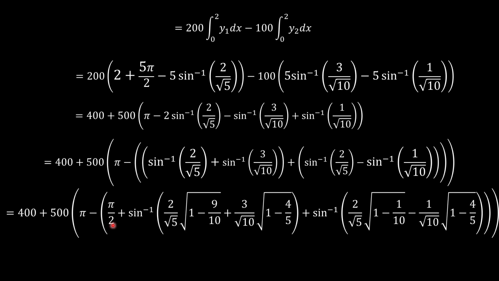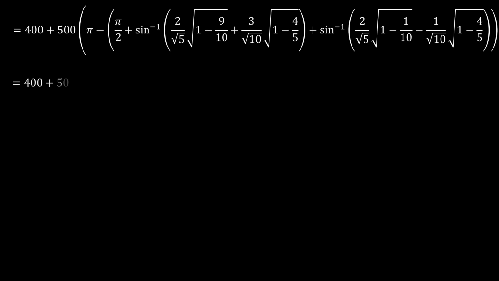And that's why now we have pi over 2 introduced here. For arcsine of 2 over root 5 and the square root of 1 minus 9 over 10, we use the formula where the sine of a sum of two numbers is the sine of the first times the cosine of the second plus the cosine of the first times the sine of the second. And that's what we're doing here, the same simple trick.